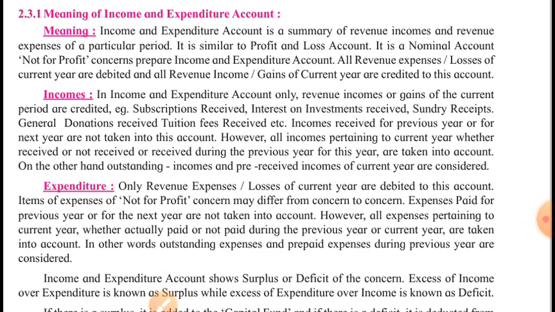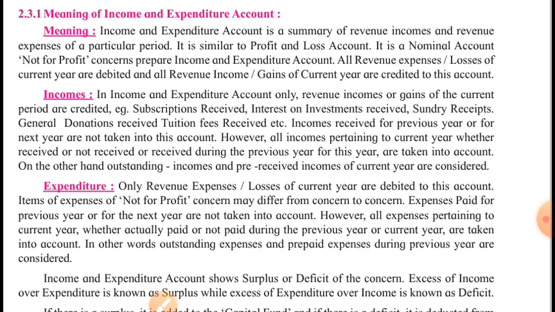And more importantly, we have studied that at the end of the year, with the help of the books of accounts they have maintained, these concerns prepare the receipts and payments account with the help of the balance of cash book and the ledger account balances.